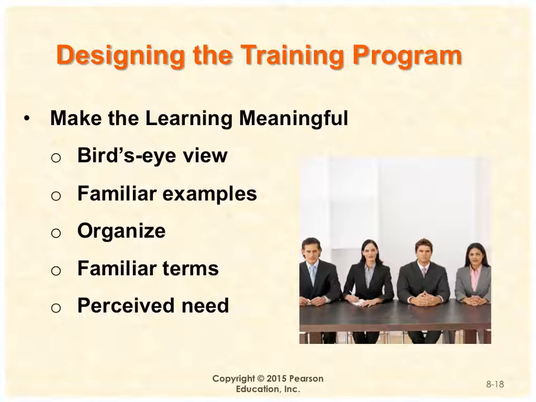So some of the ways to help train a program to make it meaningful to them, to motivate them to want to learn. The first thing is what's called a bird's eye view, which is just a very high level view of how things are, what the situations are, what they're trying to solve, and things of that nature.